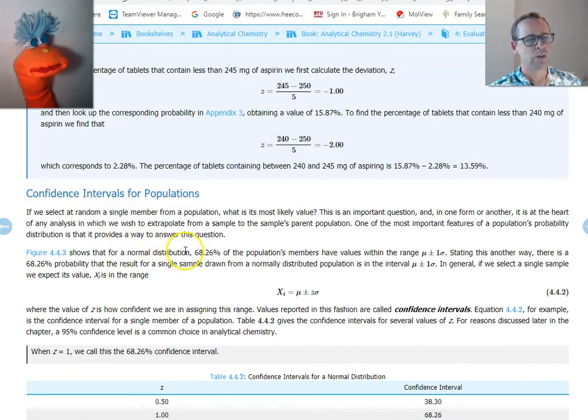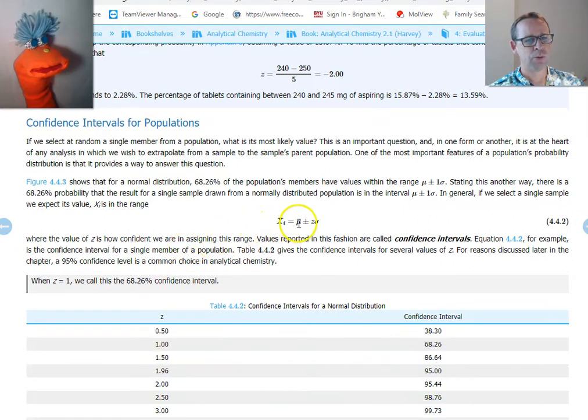So mu, again, being our average, what we're looking for here is our average with a plus or minus value. We take our plus or minus value as z, where z is our deviation, times our standard deviation. So z is how confident we are in assessing this range.